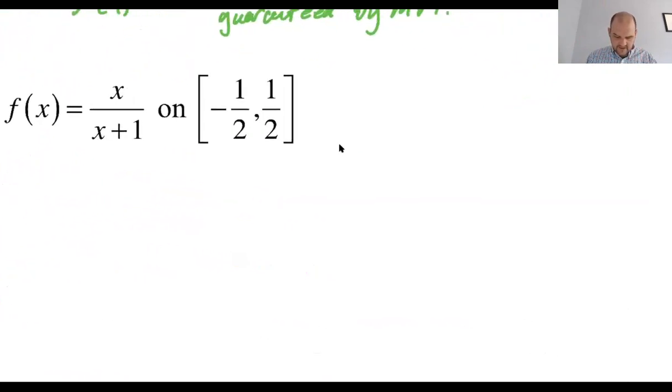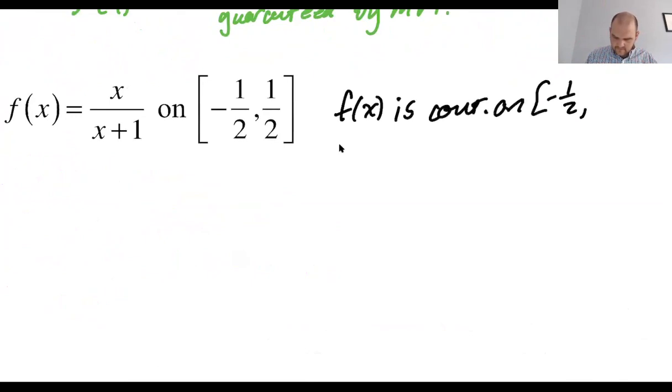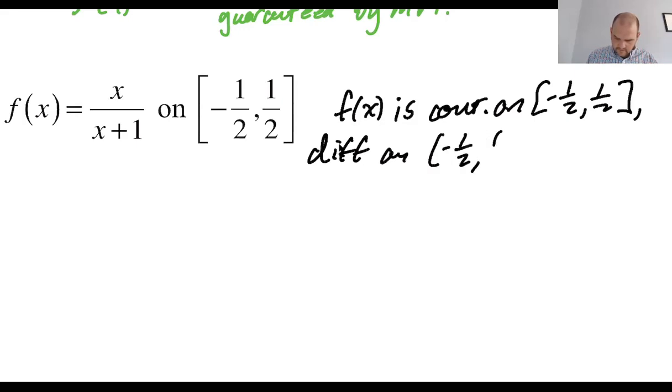So I'm going to say f of x is continuous on the closed interval, differentiable on the open interval. Therefore, by MVT, I don't know why I'm cramming this here.